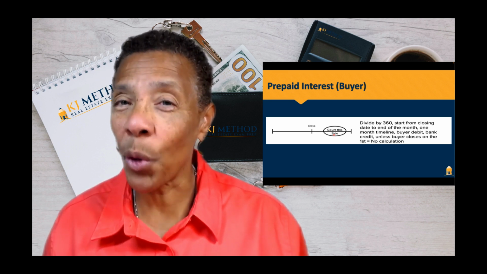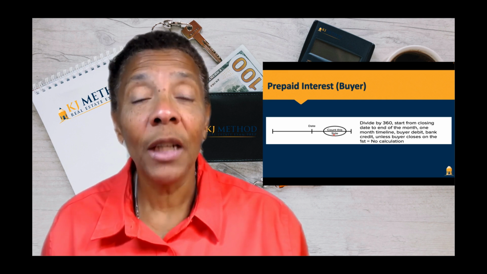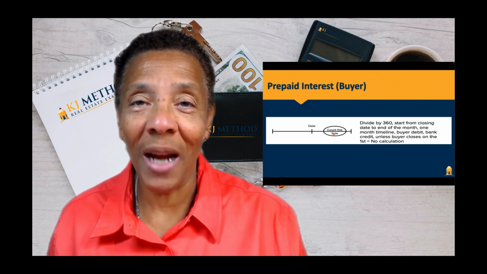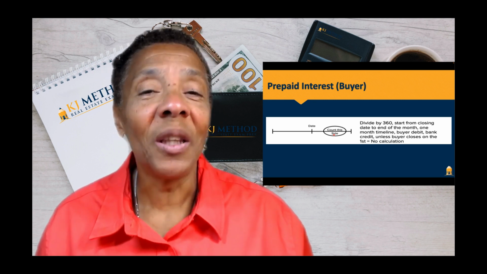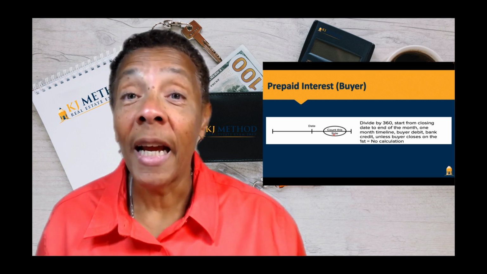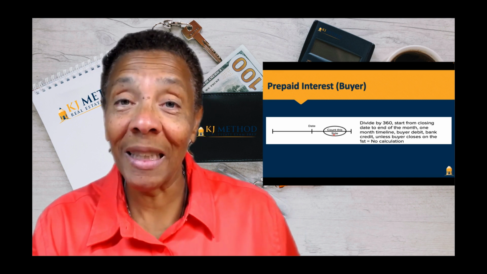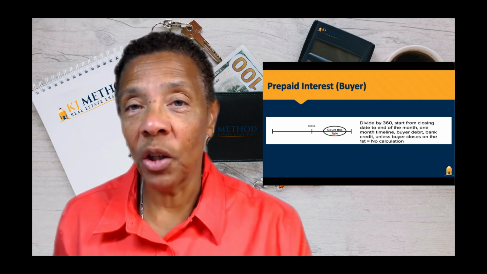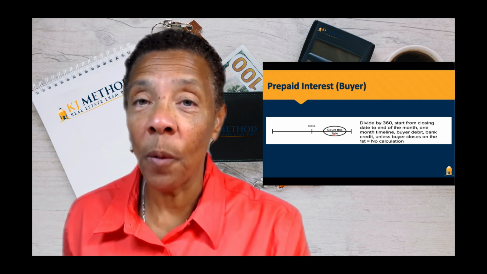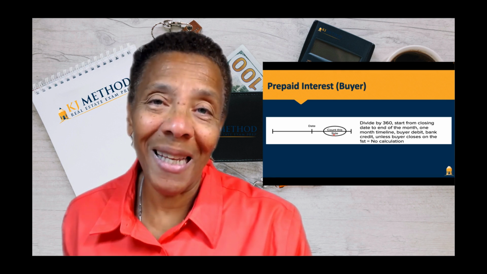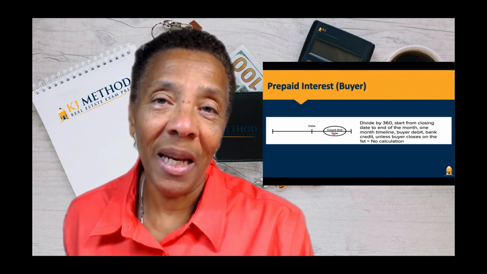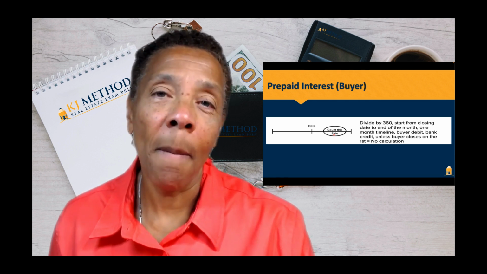What would be the prepaid interest? June 10th to June 30th. All right, so the seller gets the left side, the buyer gets the right side. And again, this is not buyer and seller because the seller is paying off his loan, the buyer is taking a new loan from their new bank. And so if anything, it is a buyer debit and a credit to their bank.